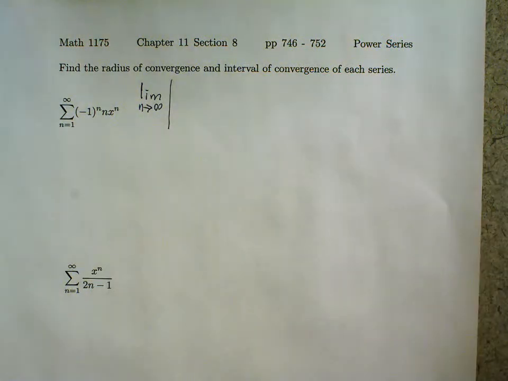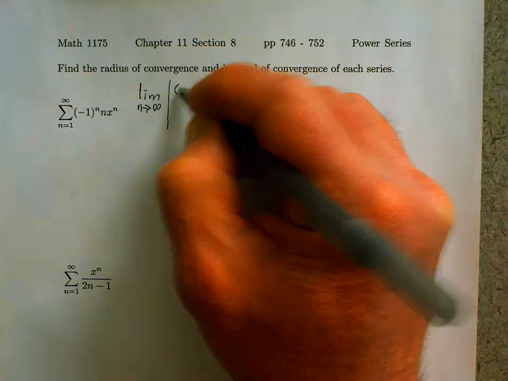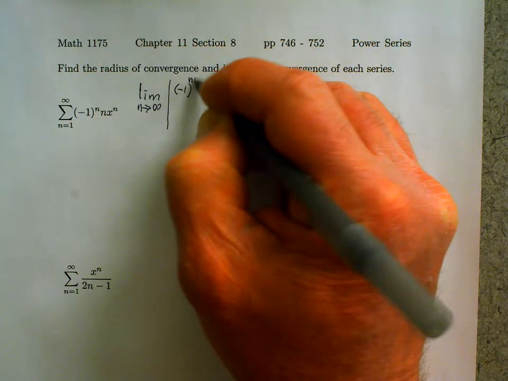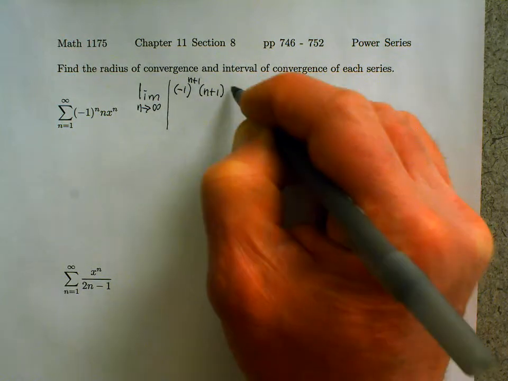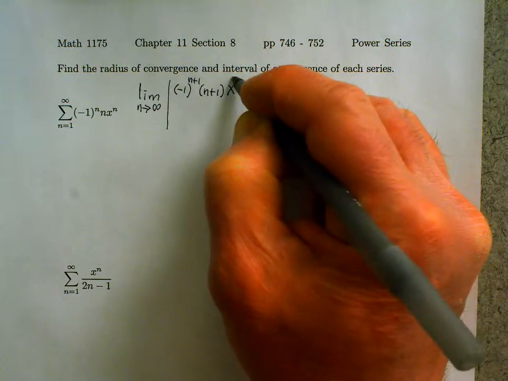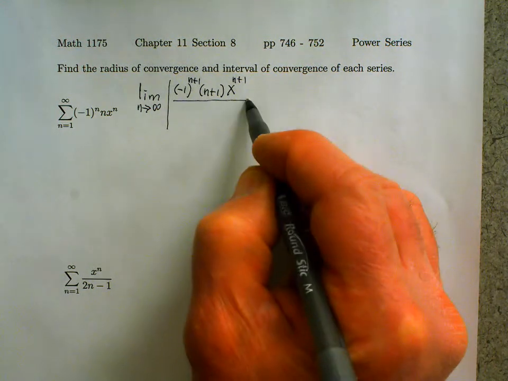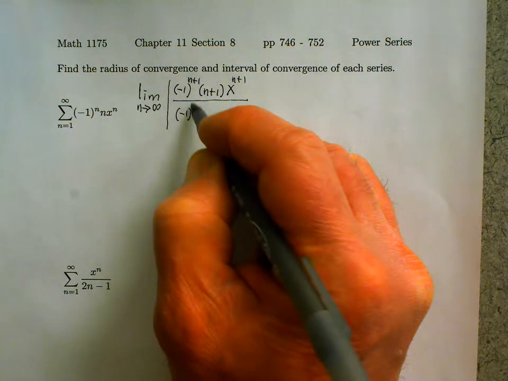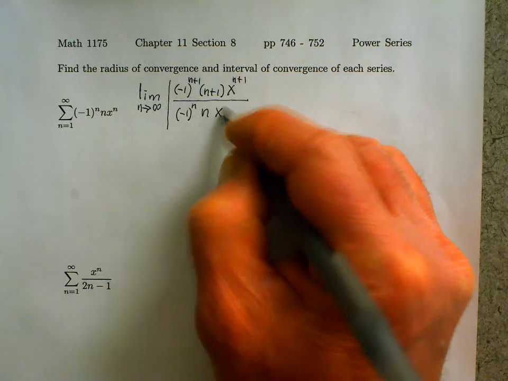Okay, so we start out with, in the ratio test, the absolute value of (-1) to the n plus 1 times n plus 1 times x to the n plus 1, divided by (-1) to the n times n times x to the n.